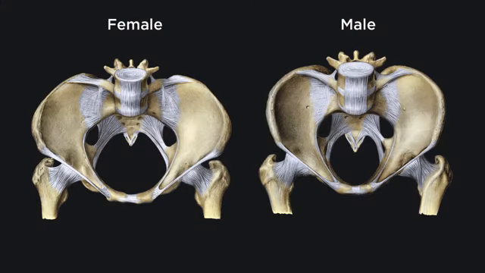As a composite ring-shaped structure, the pelvis has a superior opening known as the pelvic inlet or pelvic brim, and a pelvic outlet inferiorly. When seen from above, the female often has a larger and roomier pelvic inlet, which helps facilitate childbirth. Males often have a narrower, more oval, and sometimes even heart-shaped pelvic inlet.